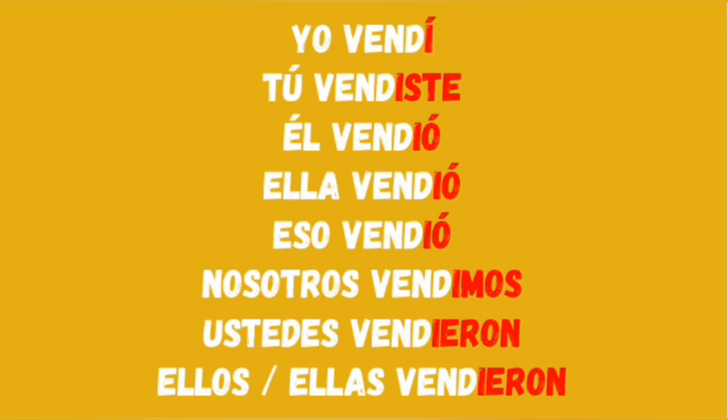If you want to say I sold, in Spanish you have to say yo vendí. And check. You have your personal pronoun yo, which means I, and then the root word. If it's a regular verb, it's going to be the same in all the personal pronouns, okay?